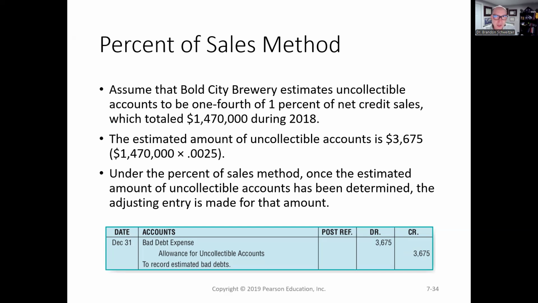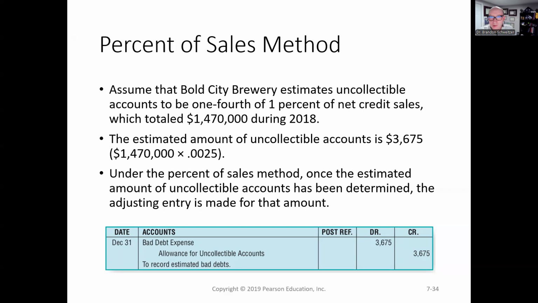So taking these into consideration, by using the percent sales method, we take our credit sales, we multiply that by our estimated percentage that we're not going to be able to collect. In this example, we're simply saying that we believe that 2.5%, I'm sorry, 0.25%, also known as one fourth of 1%, of our total credit sales is going to be uncollectible.